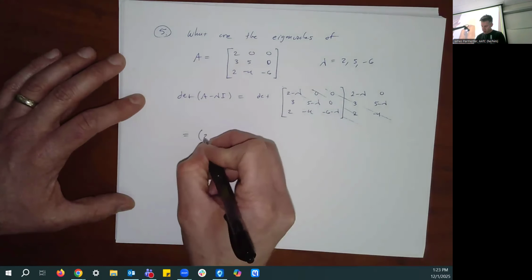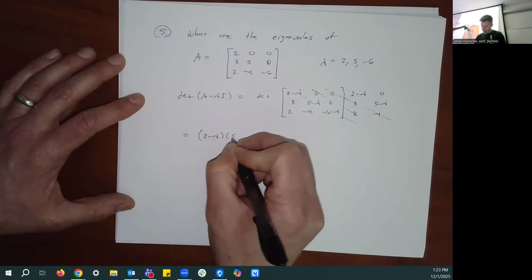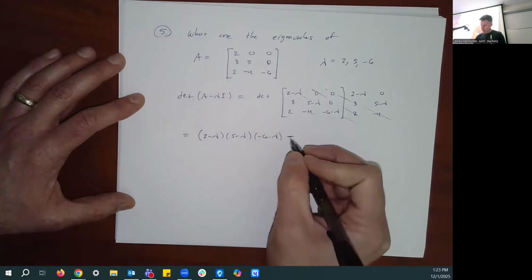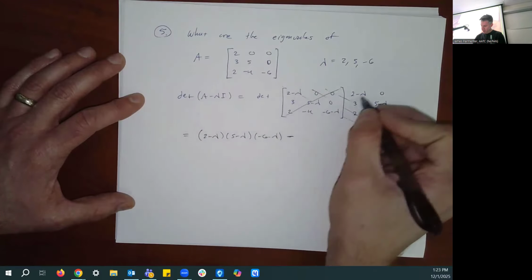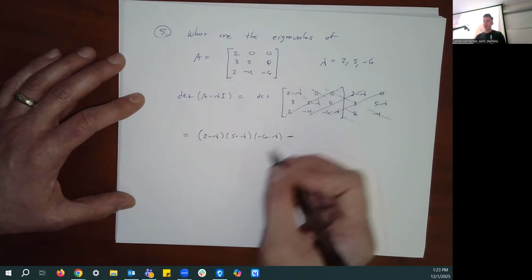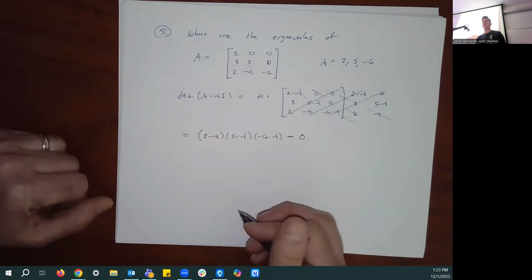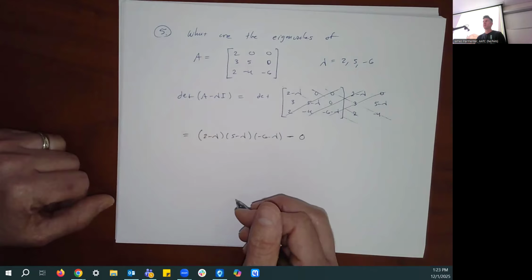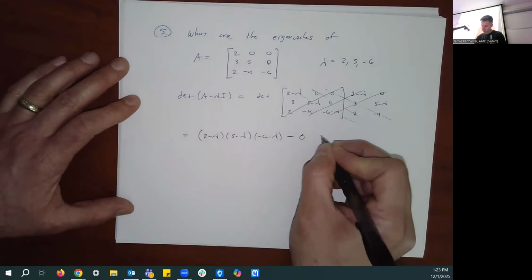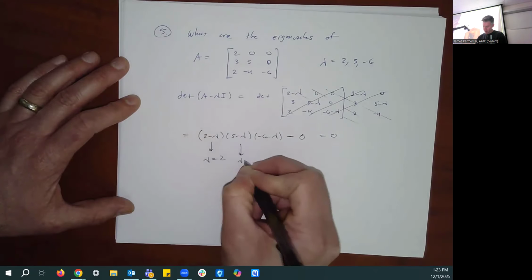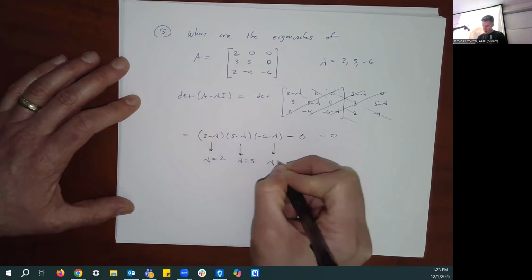So it's just 2 minus lambda times 5 minus lambda times -6 minus lambda, minus 0 plus 0 plus 0. Oh, look, it's already factored for us. So my eigenvalues have to be lambda equal to +2, lambda equal to +5, and lambda equal to -6.